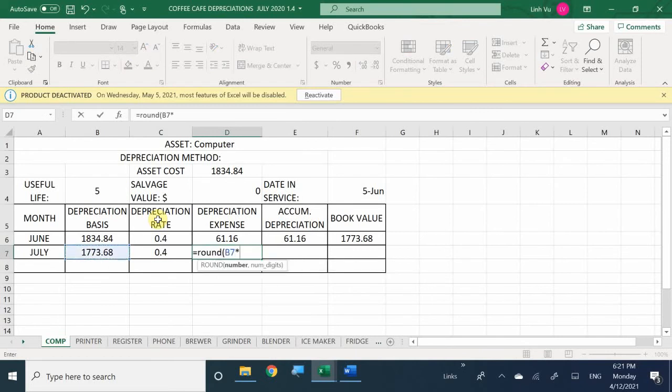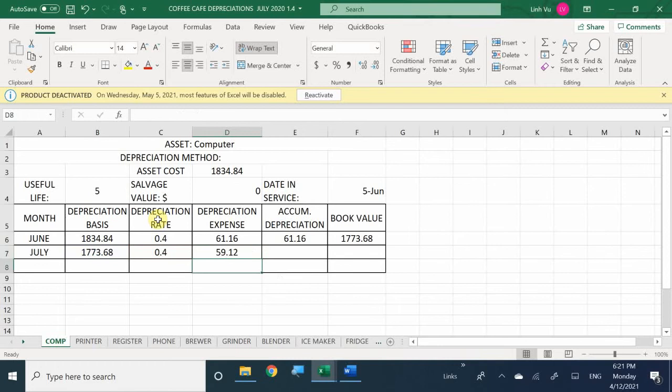We multiply my depreciation basis times the rate, divided by 12, because we want a monthly basis, comma, 2, which gives us a total of $59.12, which will solve to be $120.28 for our accumulated depreciation. So that's for my computer.